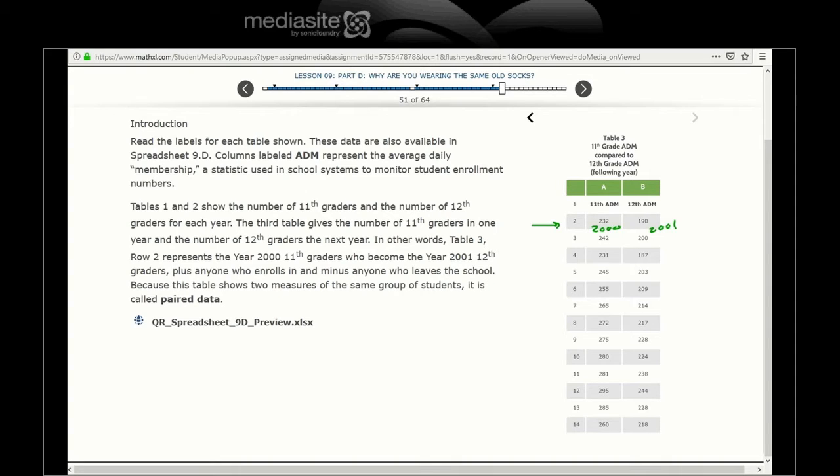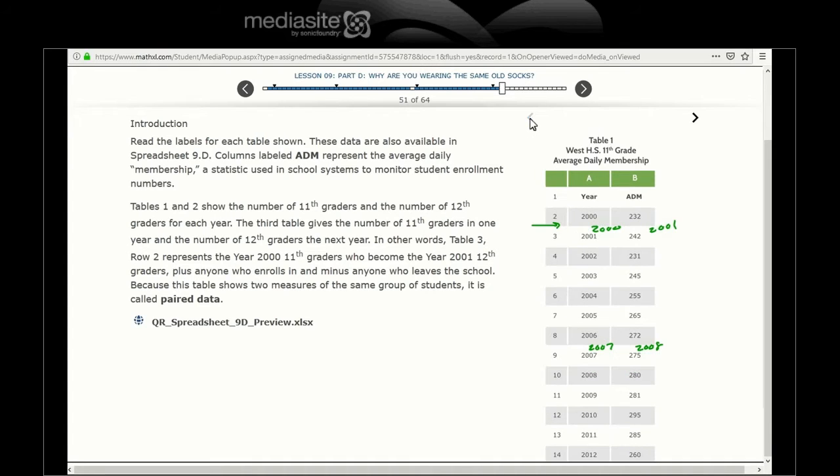So all these things count. Go down to here. This would be 2000, 2001, 2002, 2003, 2004, 2005, 2006. This should be 2007, 11th grade, and this should be 2008, 12th grade. Is 2007 275?